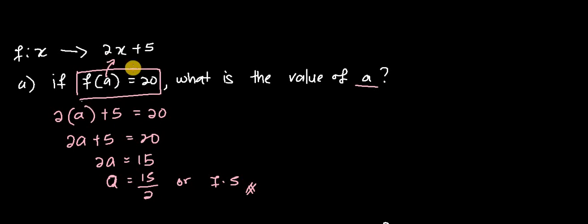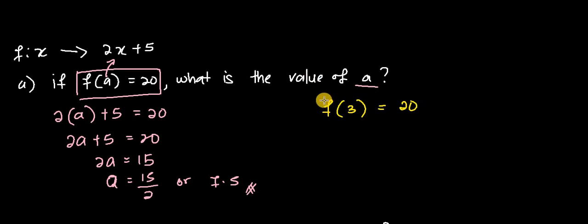Okay, so this is what the question says. It's very important for you to understand. Now, whenever the question says a certain function equals a certain number, so this is the function. For example, to understand better, what if f of 3 equals, for example, 20?